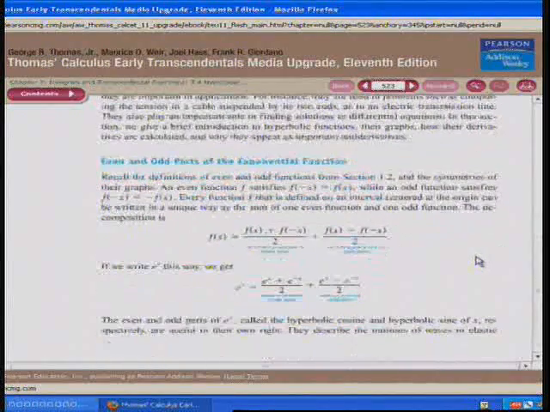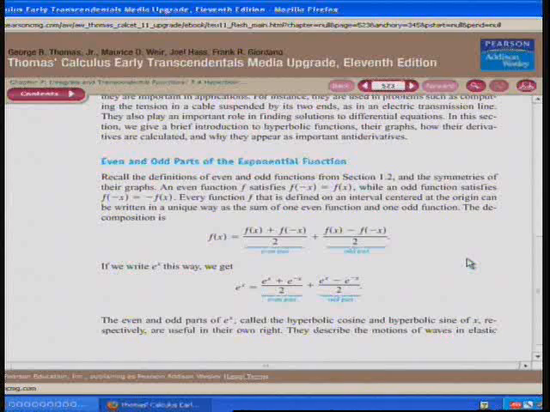Okay, now you may remember what an even and an odd function is. An even function is like y equals x squared. An even function has y-axis symmetry: if x is 2 or if x is negative 2, you get exactly the same y. You get 4.